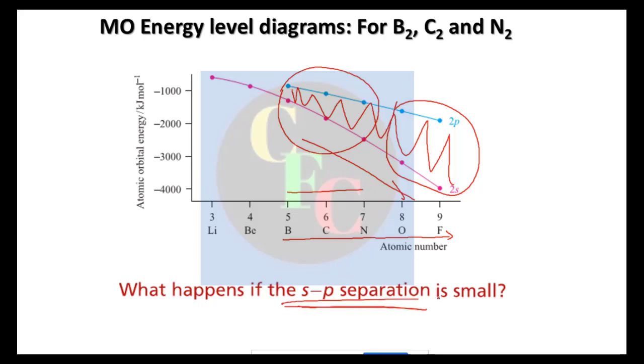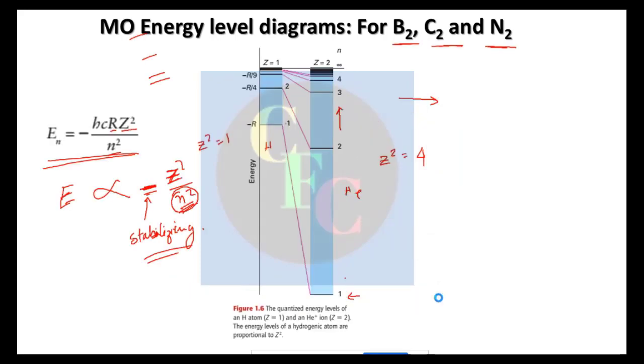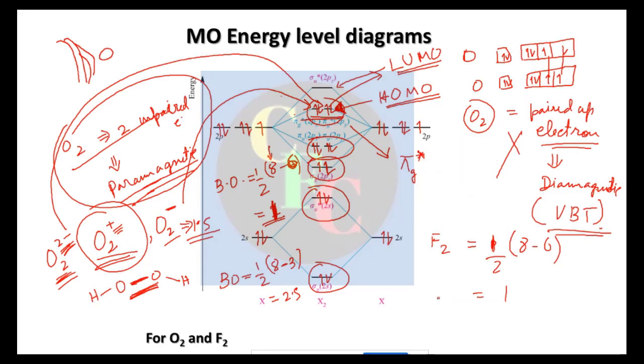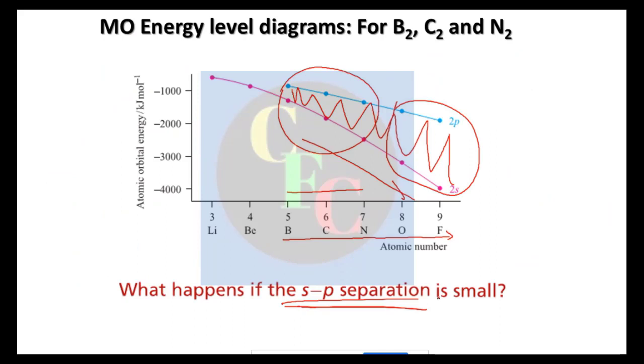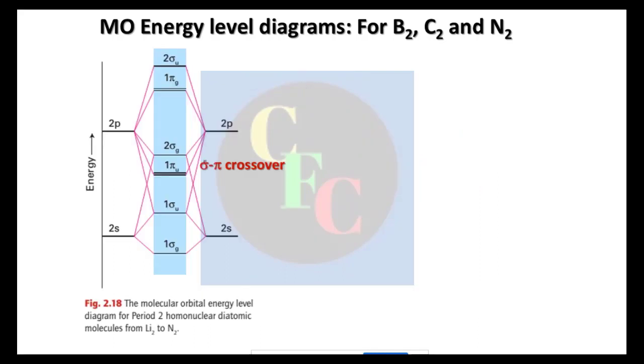It becomes a little more complex. It is not simple anymore like the molecular orbitals of oxygen and fluorine. There is now interaction between this s and p, and a degree of orbital mixing takes place, and there is what is called a sigma pi crossover.